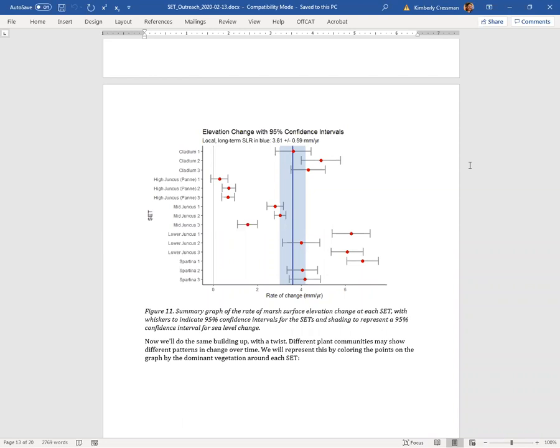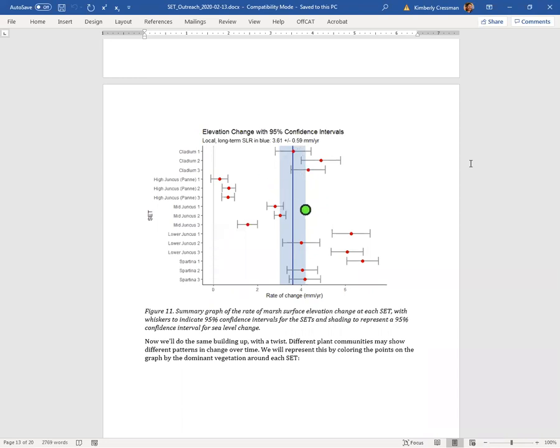So in these three that I'm circling right now, they are way up above sea level rise, none of the confidence intervals overlap. So we would feel pretty confident saying, yep, those are exceeding sea level rise. These three on the left, again, confidence intervals don't overlap, so we're pretty comfortable saying those are not keeping up. And then you have some that are kind of in the middle.